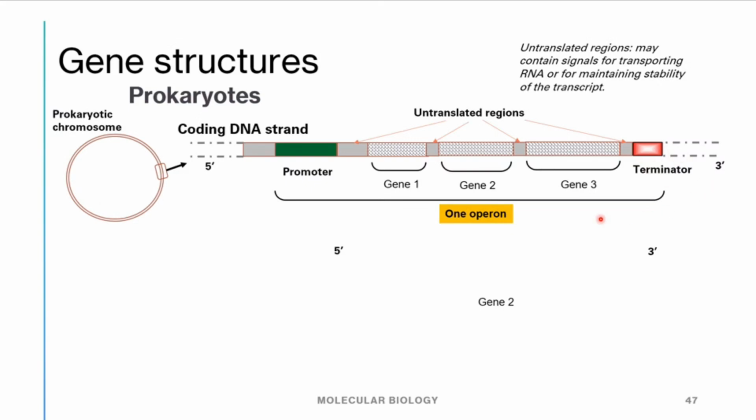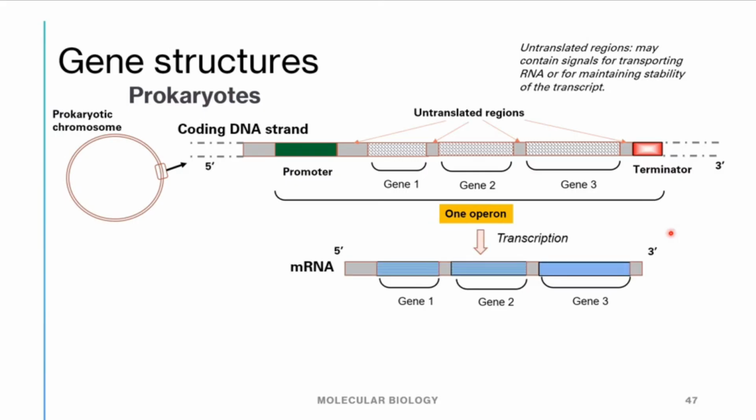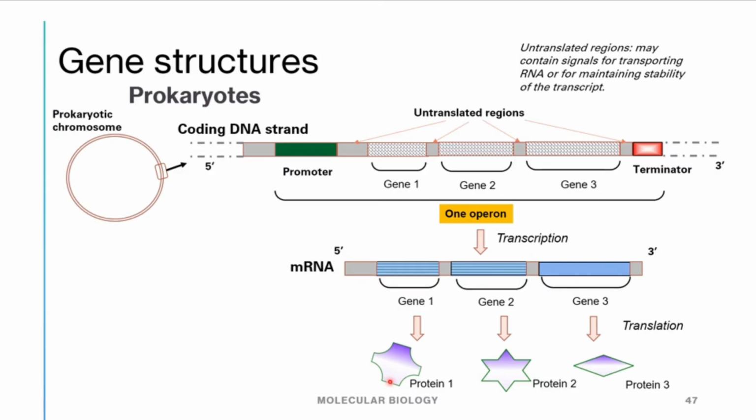This entire thing together is called an operon. So when you transcribe this operon, it will be transcribed into a piece of mRNA that has three different genes on it, and they will eventually be translated into three different proteins, all controlled under one promoter. Therefore, they are called polycistronic.